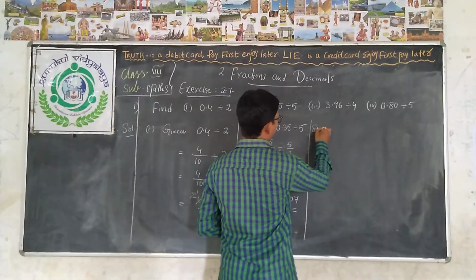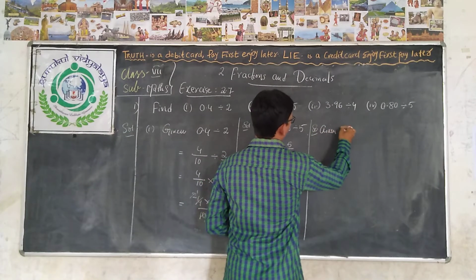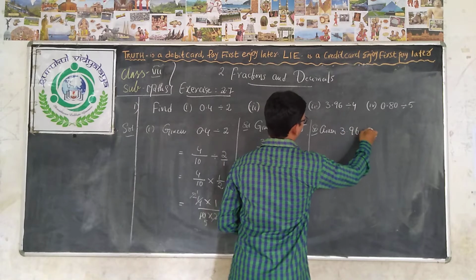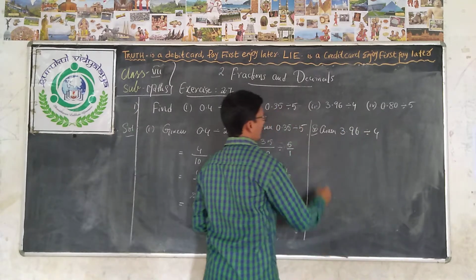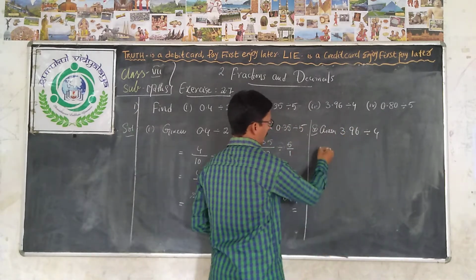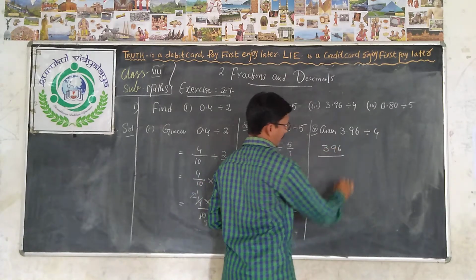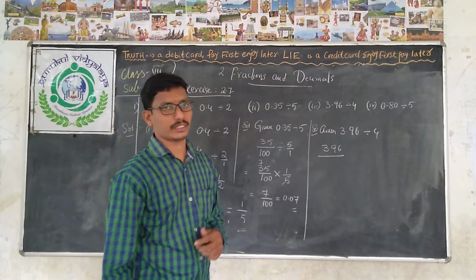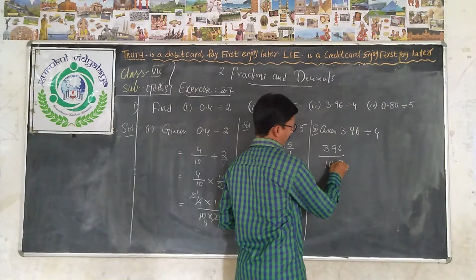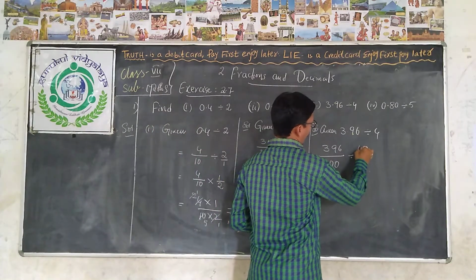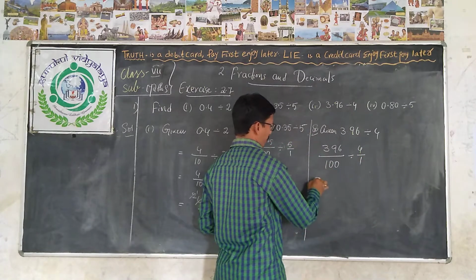So given 3.96 divided by 4. Convert the decimal number into a fraction. Remove the decimal point. So 396, and 6 is in the 100's place. So 396 by 100 divided by 4, you can write 4 as 4 by 1.